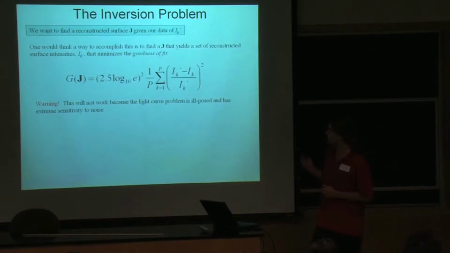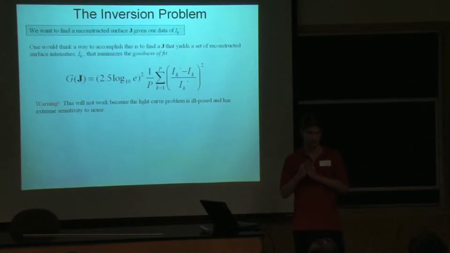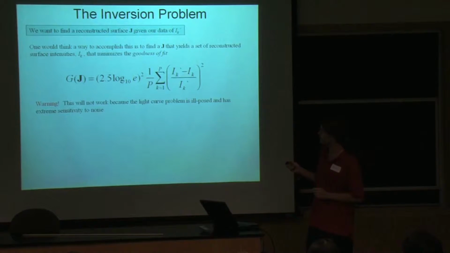However, we don't know what the stellar surface looks like. We're going the other way. So we want to get all the J's with our data of I_k, which are all the points in the light curve. One way you could think to do this is to just guess a bunch of stellar surfaces, go through all of them, and get the light curve, which I just described, which you can do if you already know the surface.